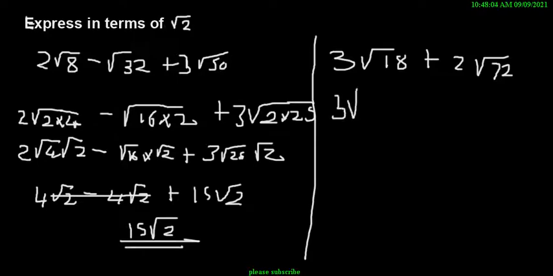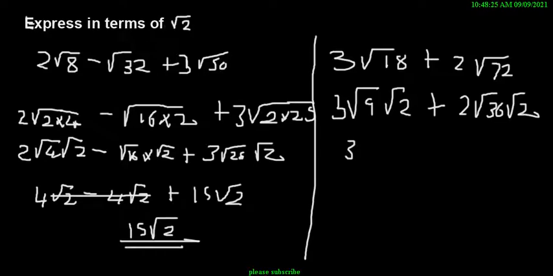Write that down: 9 times root of 2, plus, so it's going to be root of 36 times root of 2.